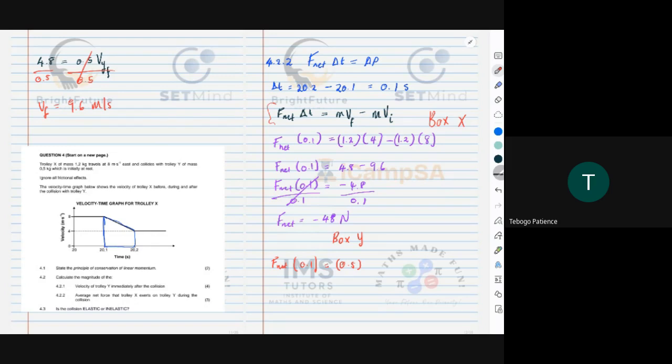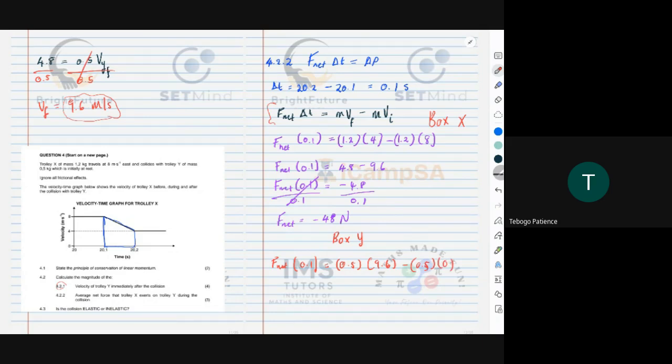No, it's not x, it's actually box Y. So Y was at rest, but now we calculated the velocity of Y here. That means it's going to be this part here. Remember, we calculated it in this question. So that means here it's going to be 9.6, then minus 0.5 times, this is going to be 0.